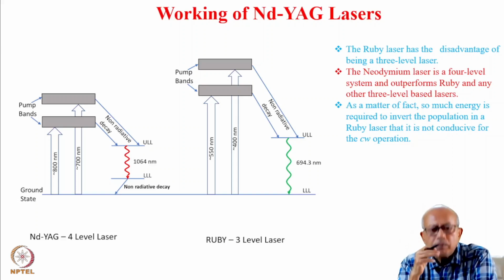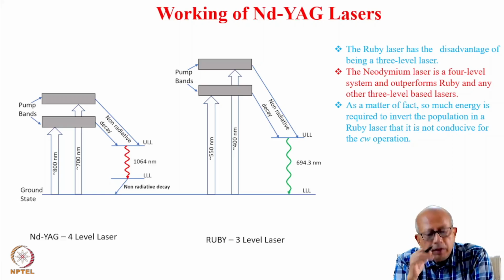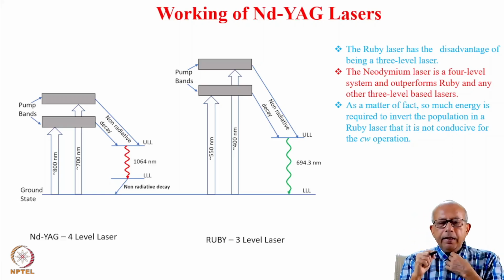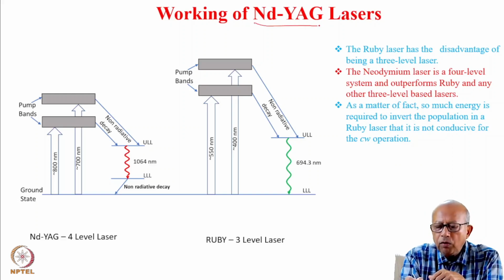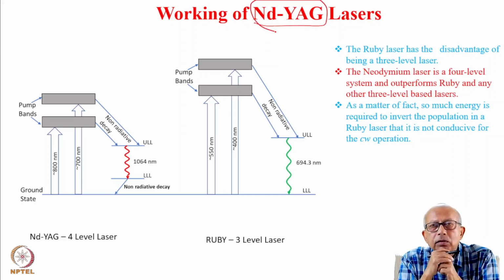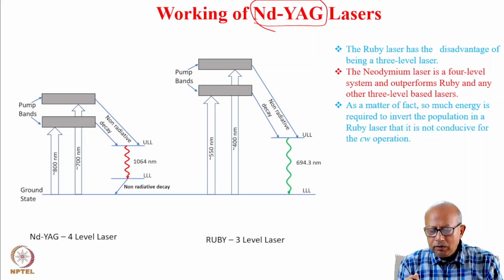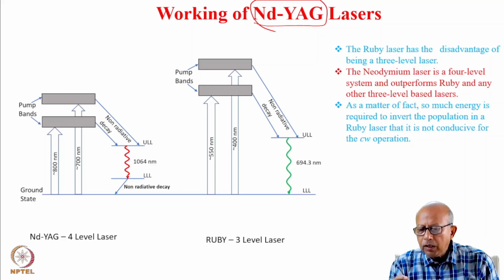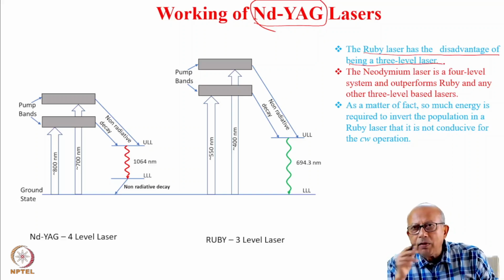You see, the methodology of operation, the working of most of the solid state lasers, is qualitatively similar. Therefore, as a representative example, we only consider the working of Nd:YAG, which is one of the most versatile, popular and important solid state lasers. However, we know that ruby laser has the disadvantage of being a three-level laser.